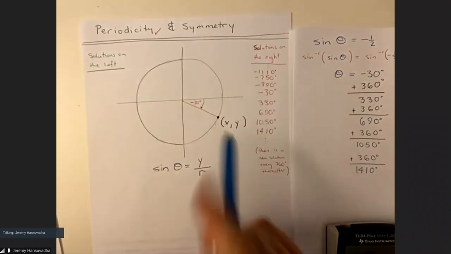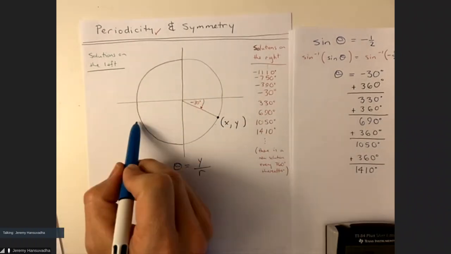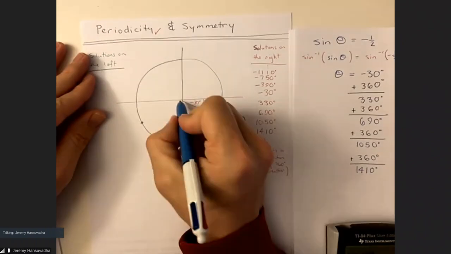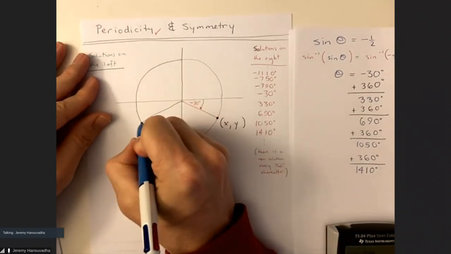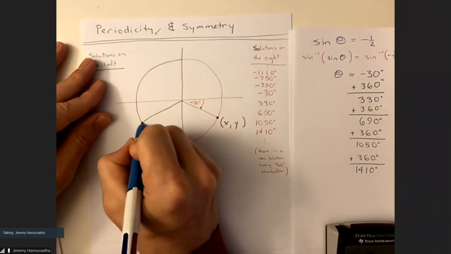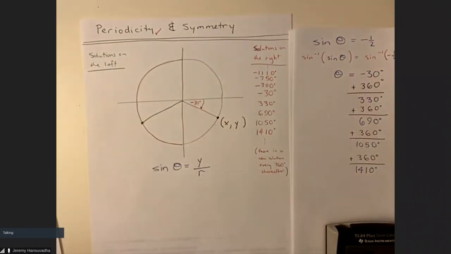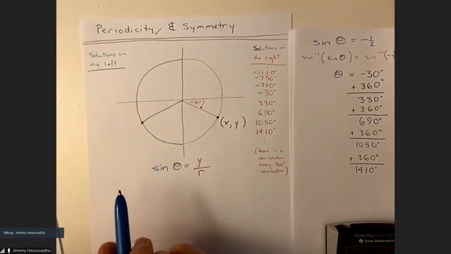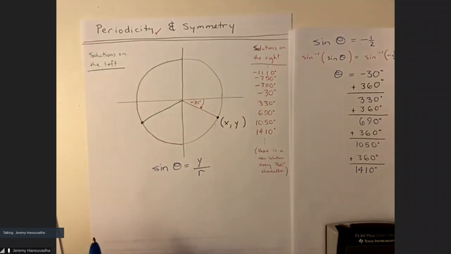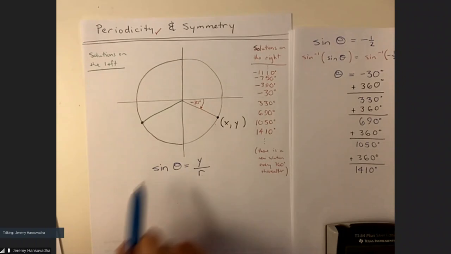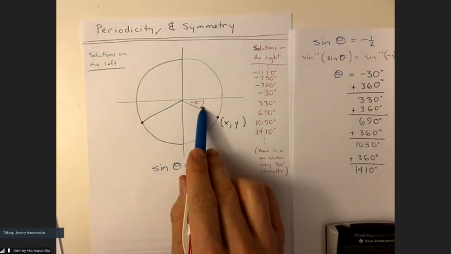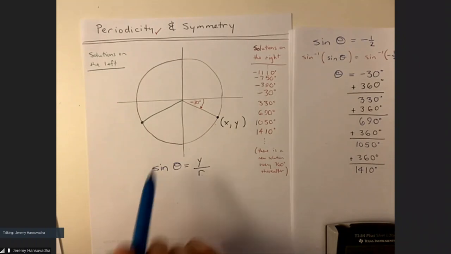Well, it'd be the one over here. I'm going to put that in green, which would come from this radius. This coordinate right here shares the same y value as that. So therefore, the sine of this angle over here will be the same as the sine of this angle over here. So where is that?